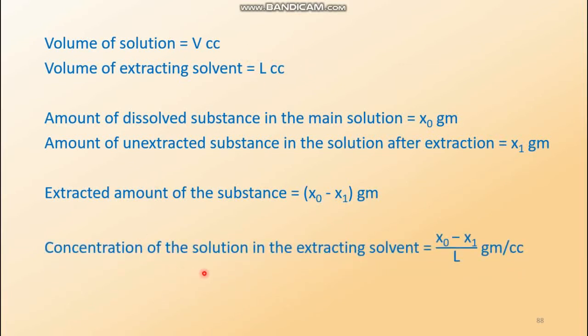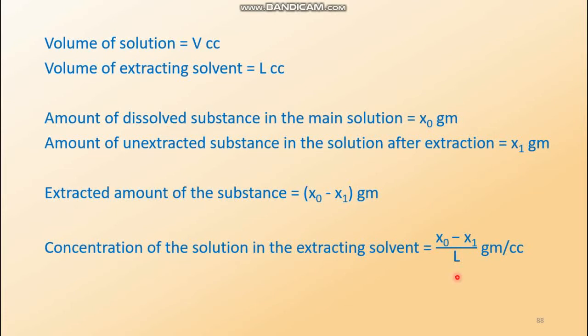Now what is the ratio? Before taking the ratio, let us find out the concentration. The solvent has extracted x0 minus x1 gram of the solute, and the volume of the solvent is L. So it is the amount of solute divided by the volume.